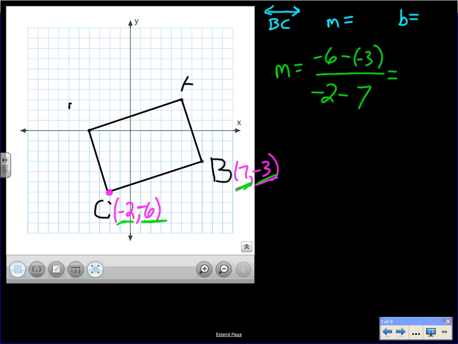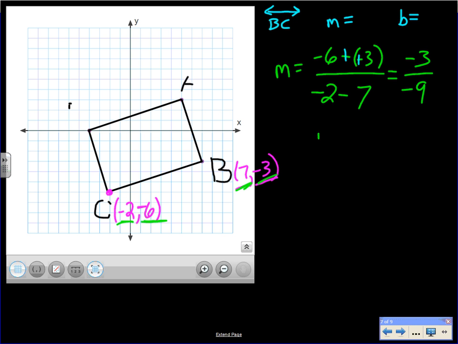Let's work this out. Since we have minus and negative, we know that's addition. So -6 plus 3 is going to be -3, and -2 minus 7 is going to be a -9.